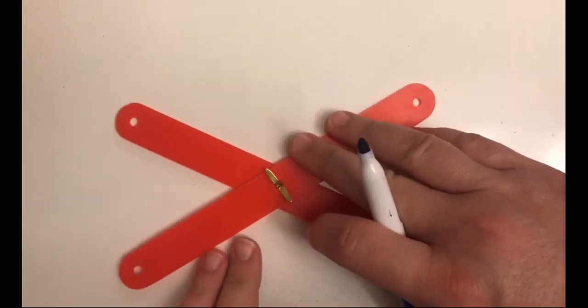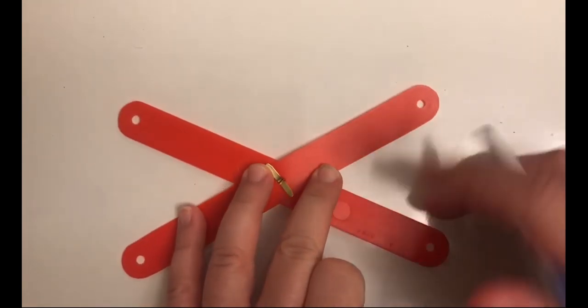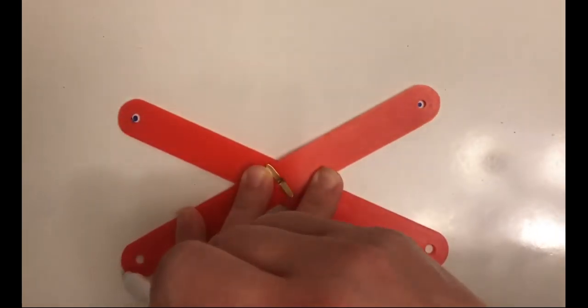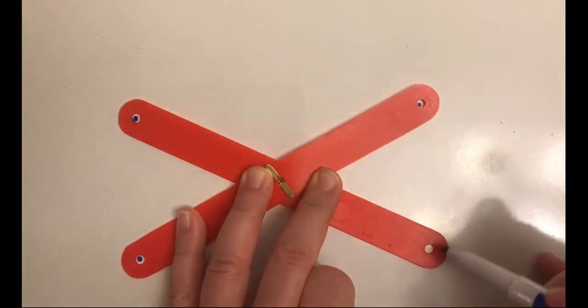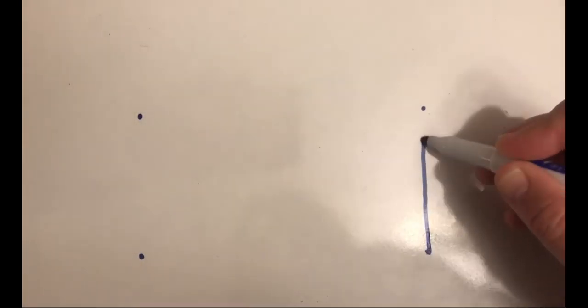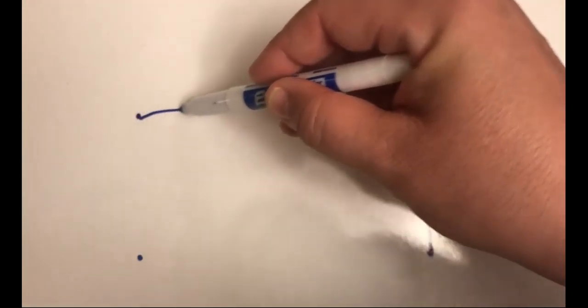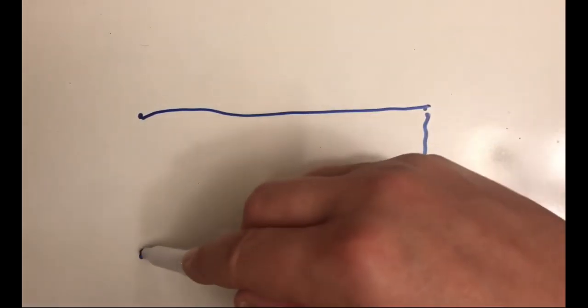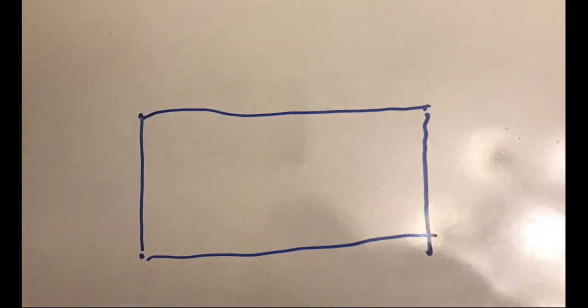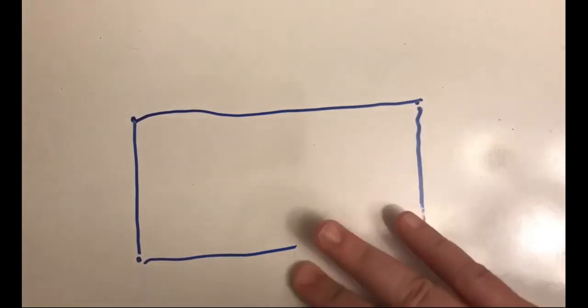So if I took these diagonals and I put a dot inside each end, and then I connected them, you see how we make a rectangle? Whoops. Well, my artwork isn't great.